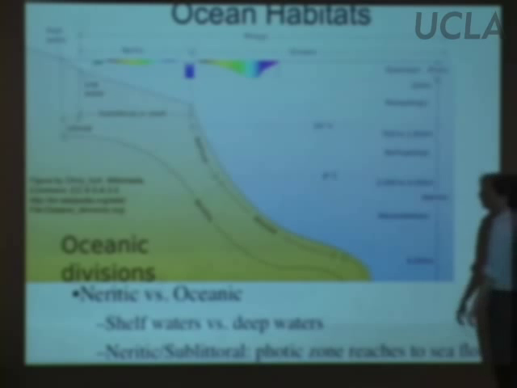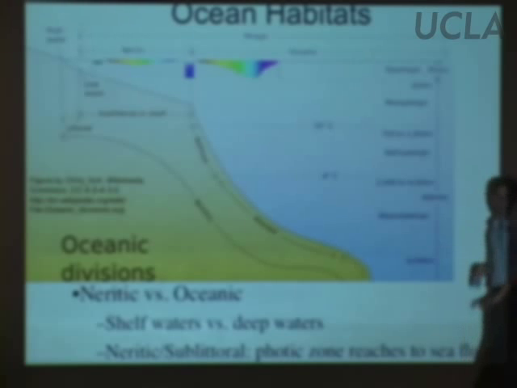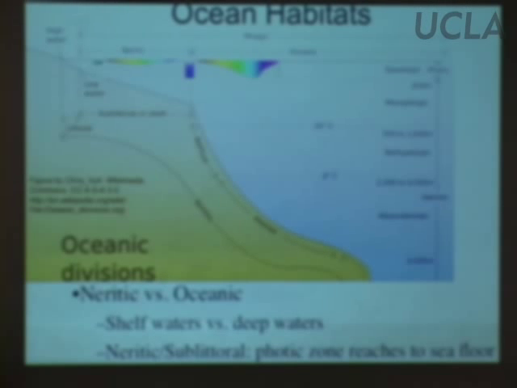In most of the ocean, however, because the average depth is something like 4 kilometers, sunlight doesn't penetrate anywhere close to the bottom. And so any organism that wants to do photosynthesis can't really live attached to the bottom anymore. It has to be drifting or swimming up in the water column close to the surface. That division between the part of the ocean that's so shallow that sunlight penetrates to the bottom and most of the ocean where that's not true is the distinction between the neritic ocean and the oceanic realm of the ocean.